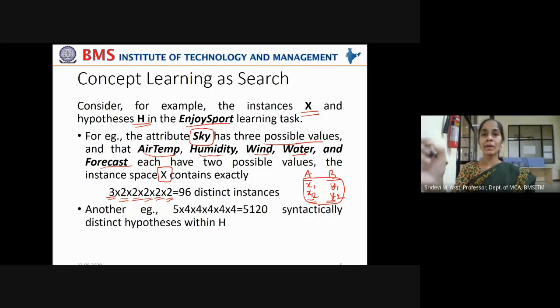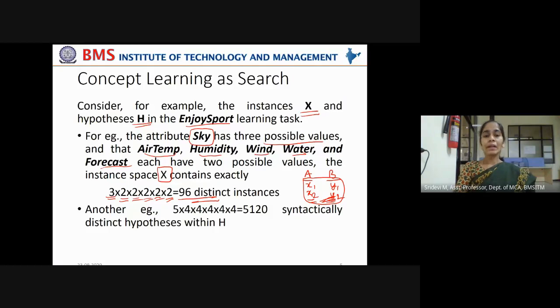So 4 possible instances can be generated for this particular case. Okay, in the same way, for sky, if there are 3 possible values, for air temperature 2, humidity 2, and so on, a total of 96 distinct instances can be generated. But among that, we are given only 4 examples. Okay, 4 days' data. For simplicity, we have taken a very simple number.